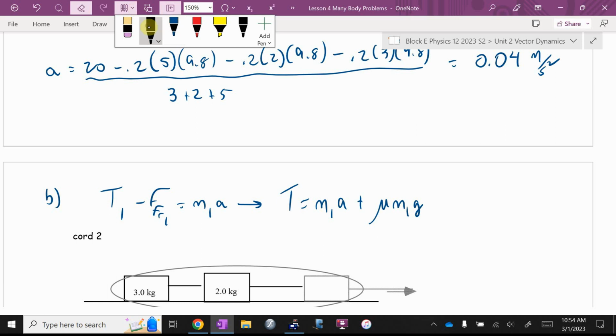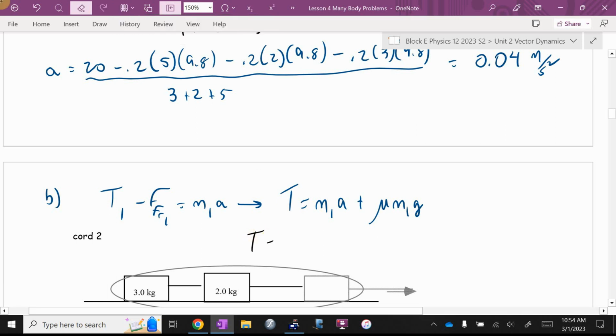Okay. Tension is going to be, what was M1? 3? A was 0.04 plus 0.2 times 3 times 9.8. Did that one in your head, Mr.? Well, maybe. Yuck. 3 times 9.8. I don't have a good trick for that.